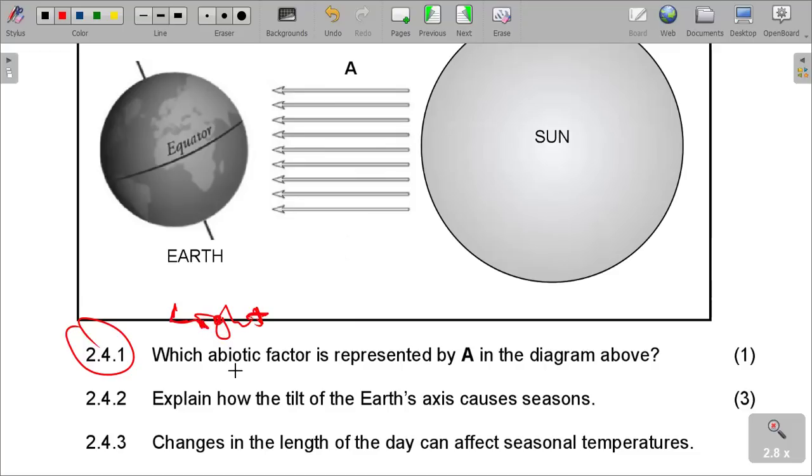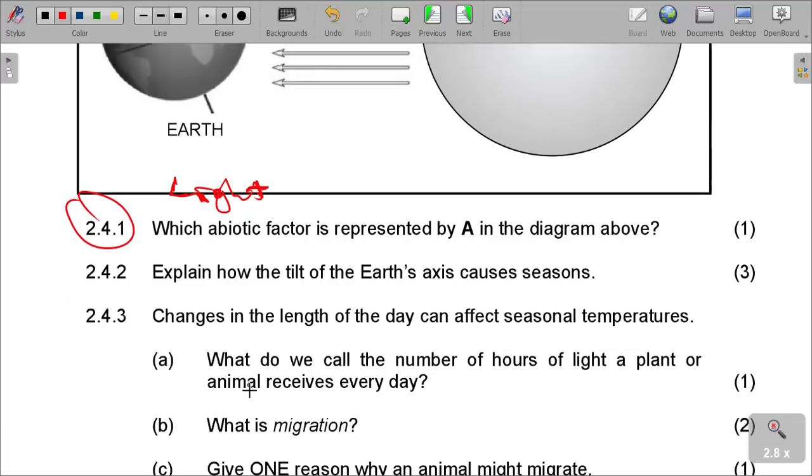Explain how the tilt of the Earth's axis causes seasons. What happens there?